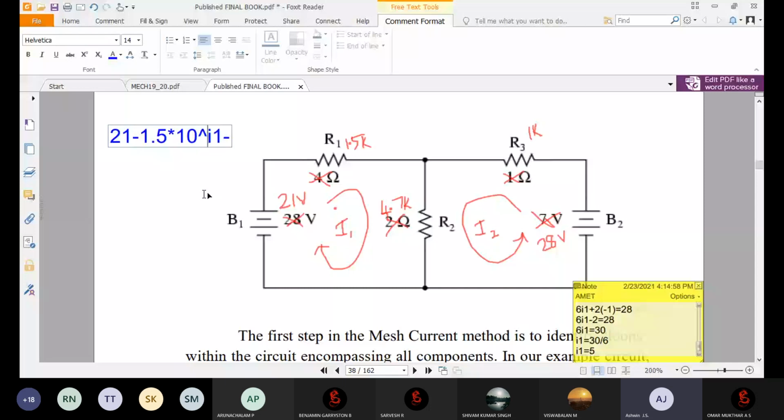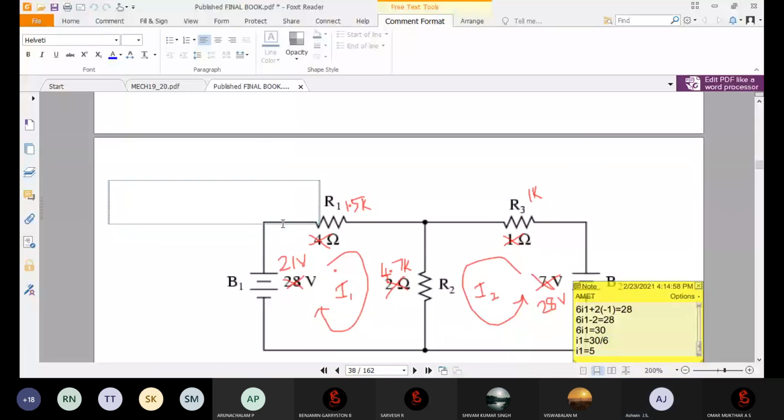This you have to remember. Otherwise write it as k. 1.5k I1 minus 4.7k bracket, I1 plus I2, equal to 0. Good.